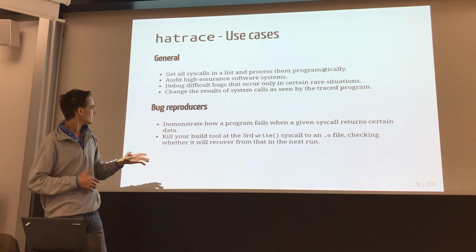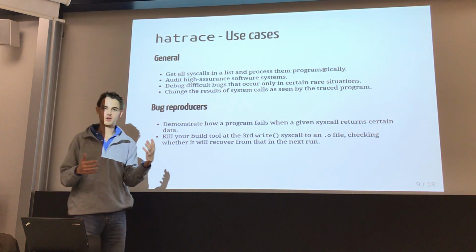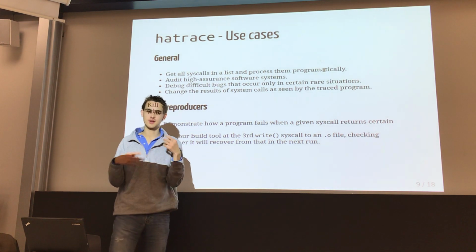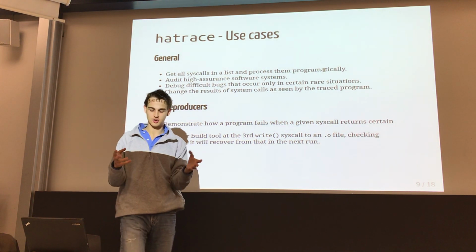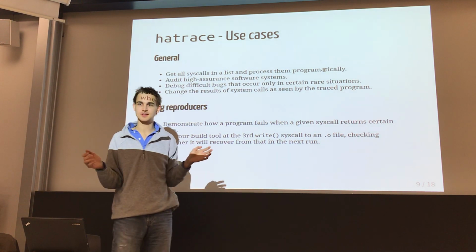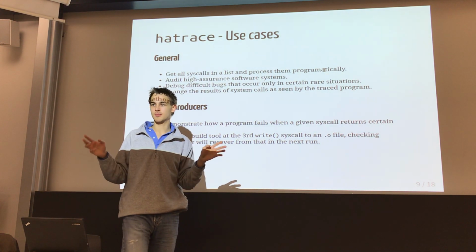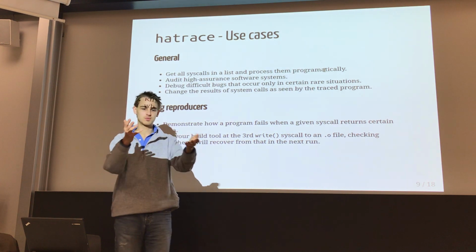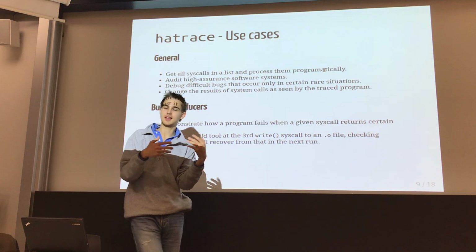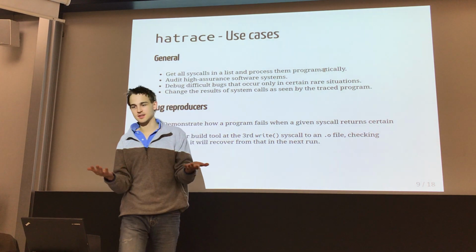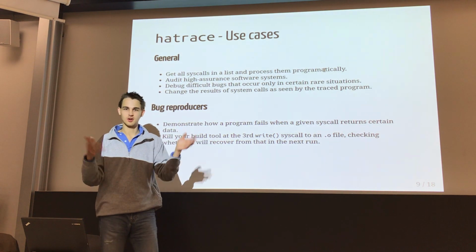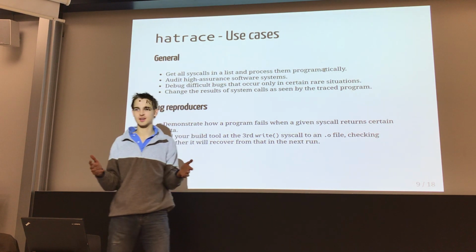You can change the results of system calls because you can do whatever you want to the process. This means that you can create situations that cannot usually or should not usually exist in the real world. So for example, you can say, what happens if a DNS request for Google.com does not result in the usual IP address, but in localhost, 127.0.0.1, for example?